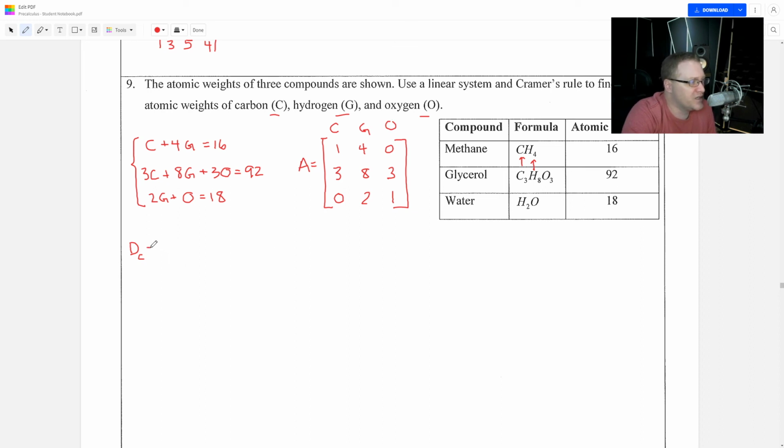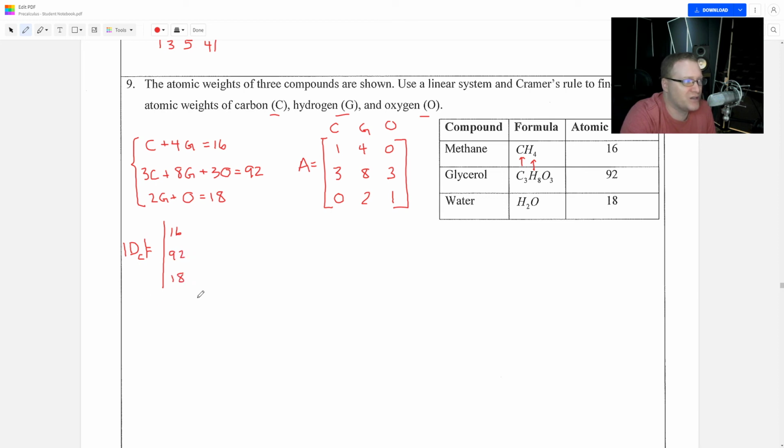So what is our Dc matrix going to look like? Actually, let's not just find our Dc, let's find the determinant of Dc. Well, Dc is going to be, we're going to take out the C's and put 16, 92, and 18.